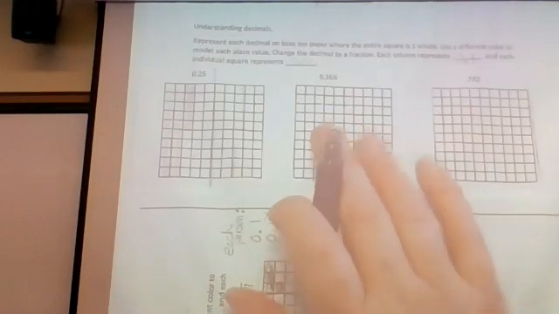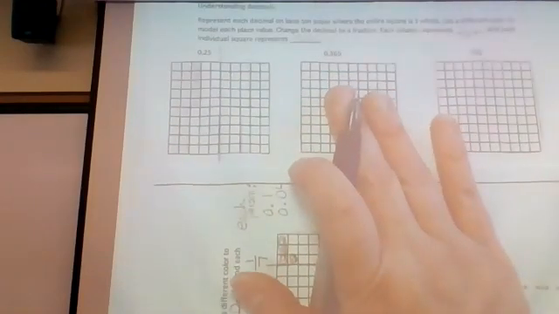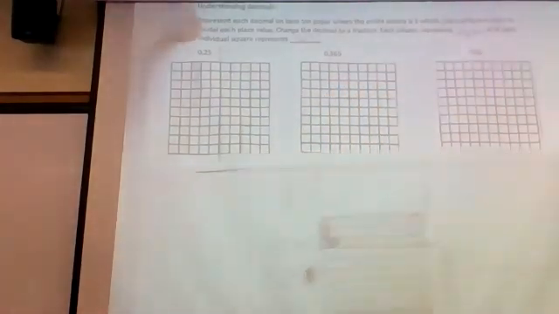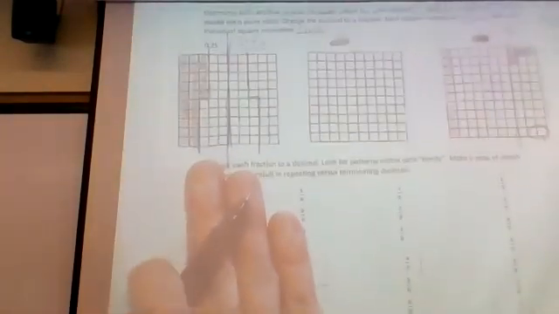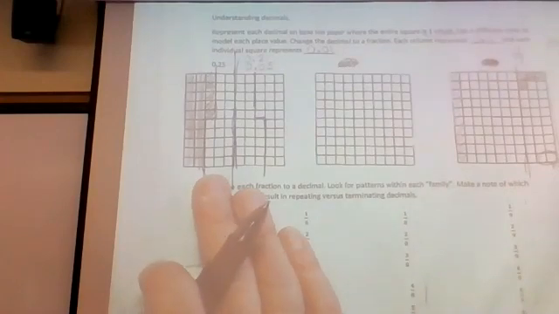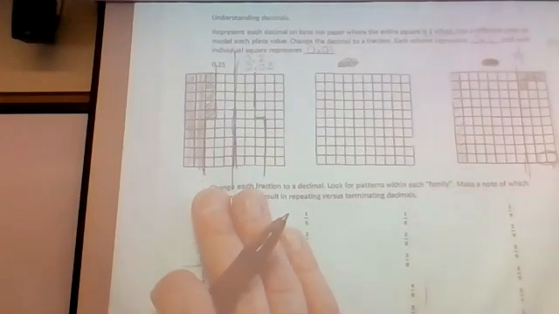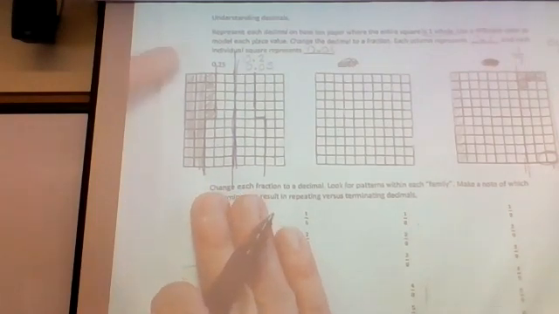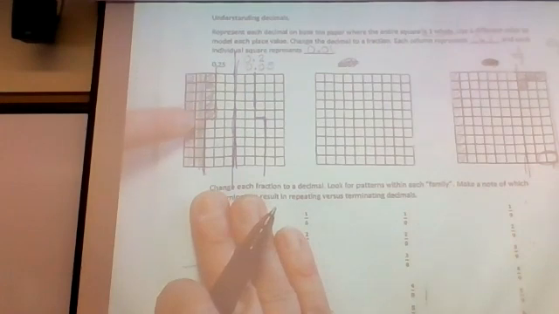Then we started shading these. Let me show you this one. Here, 0.25 is 2/10 and 5/100. I shaded 2 columns for tenths, shaded 5/100, and then I showed how this is divided up equally into fourths, and I have literally shaded 1/4 of the square.